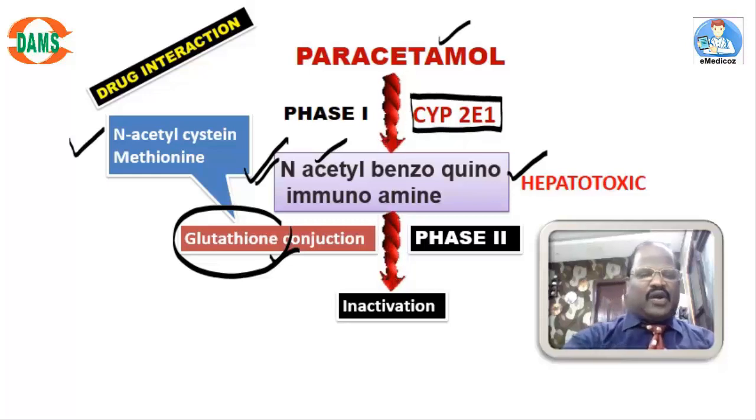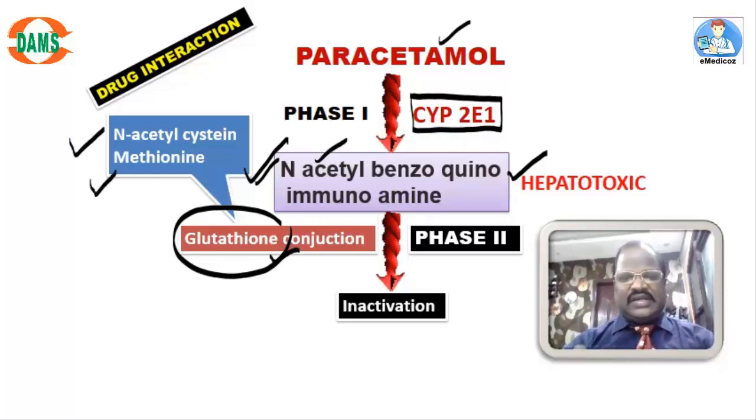We have one more drug called methionine. This drug also has glutathione repletion property. So this is also used as an adjuvant along with N-acetylcysteine for the treatment of paracetamol poisoning. It's a kinetics-based question. The last part: drug interaction.